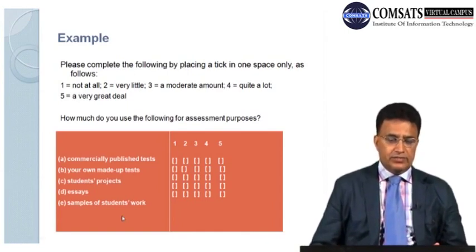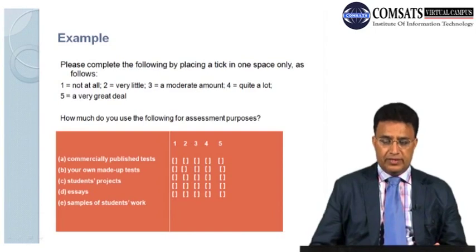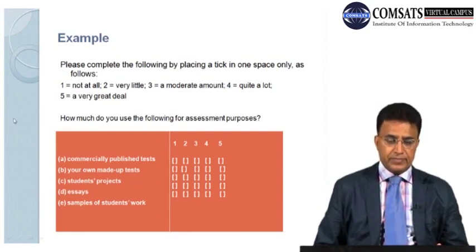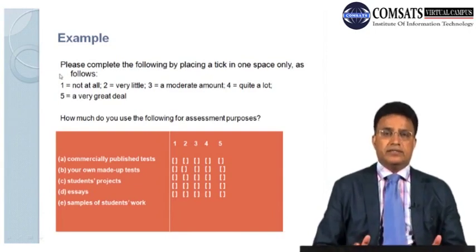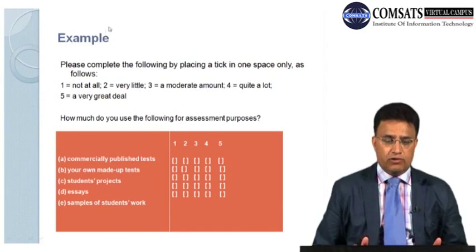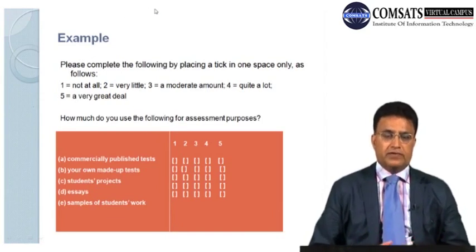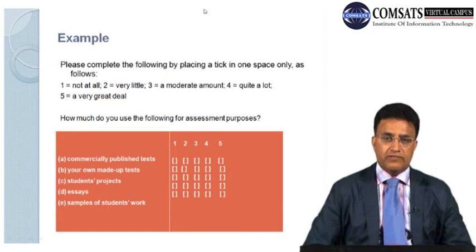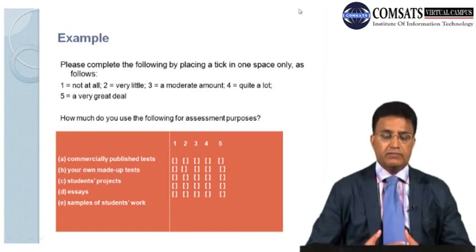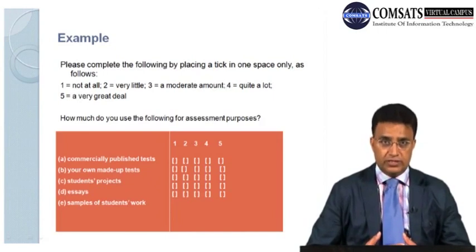Look at here, those numbers are given horizontally in the form of 1, 2, 3, 4, 5 in the boxes, and in the left hand column the options are given. For assessment purposes, how much do you use the following?